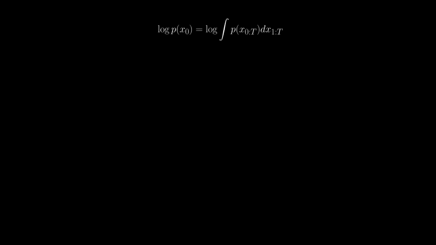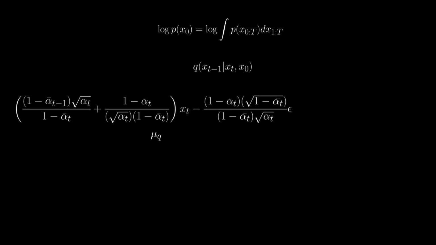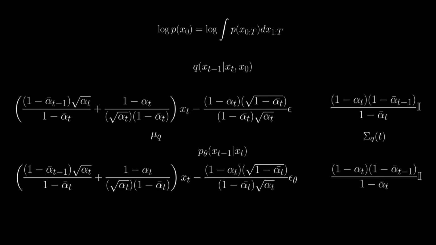After going through a lot of derivation from the initial goal of optimizing the log likelihood of the observed data, we ended with the requirement to minimize the KL divergence between the ground truth denoising distribution, conditioned on x0, which we computed as having this mean and this variance, and the distribution predicted by our model. We fix the variance to be exactly same as the target distribution and rewrite the mean in the same form. After this, minimizing KL divergence ends up being minimizing square of difference between the noise predicted and the original noise sample.